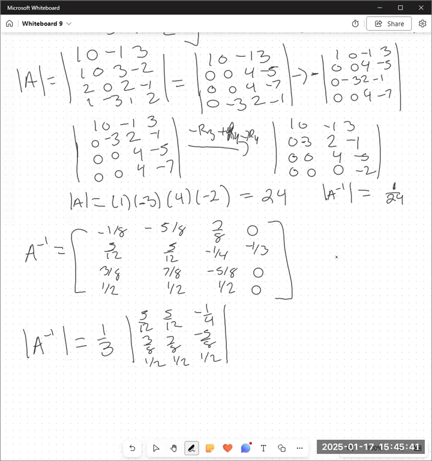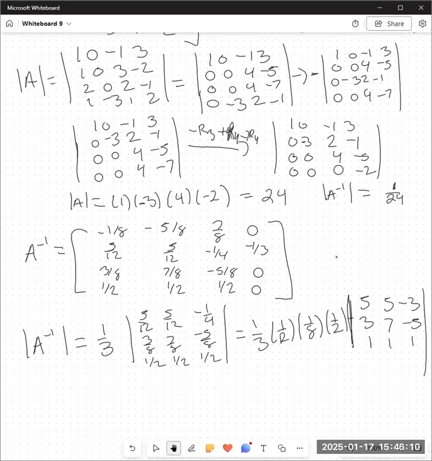a 12th out of row 1, and an 1/8 out of row 2, and a 1/2 out of row 3. And that gives me 5, 5, -3, 3, 7, -5, and 1, 1, 1.